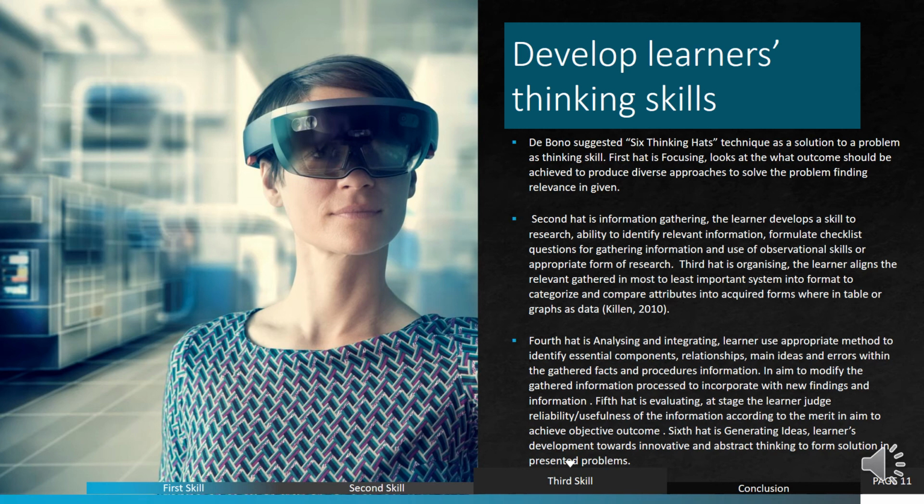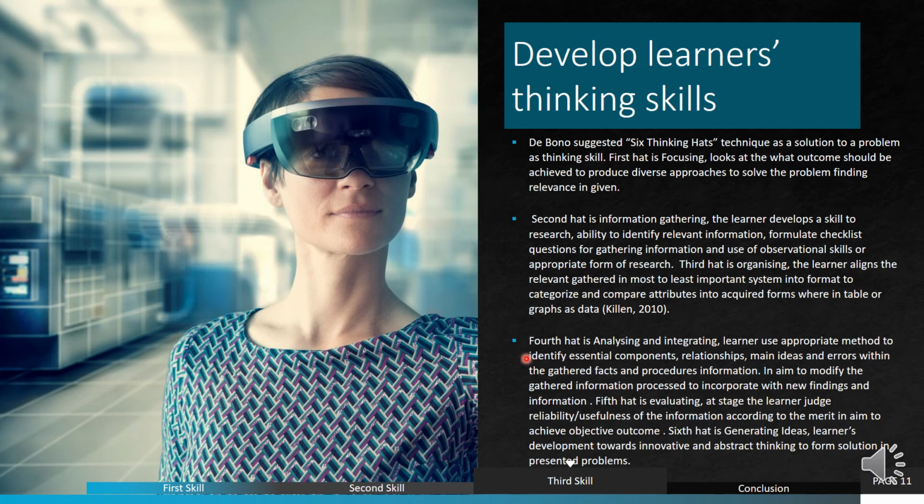The third is organizing. The learner aligns the relevant gathered information, most and least important, into a format to categorize and compare attributes into required forms, such as a table or graphs as data. The fourth hat is analyzing and integrating.